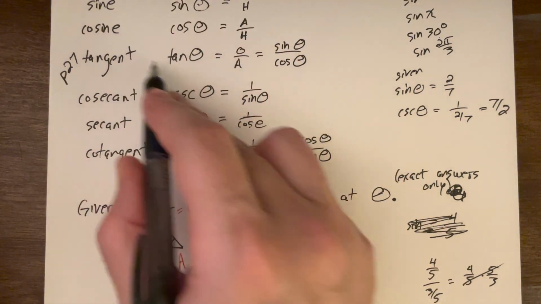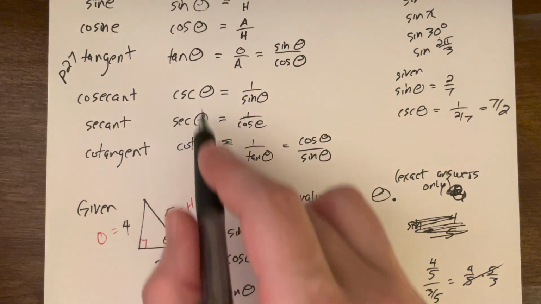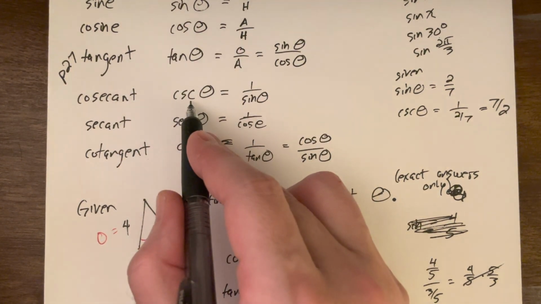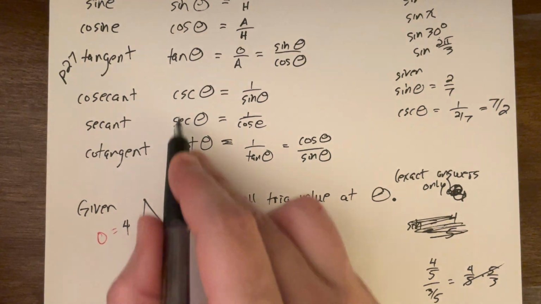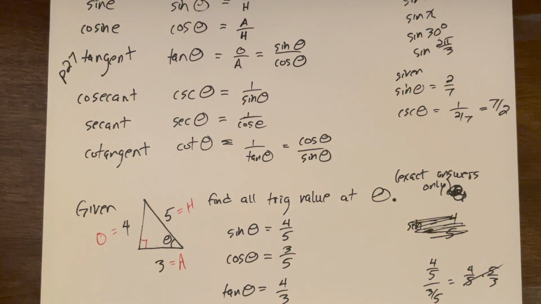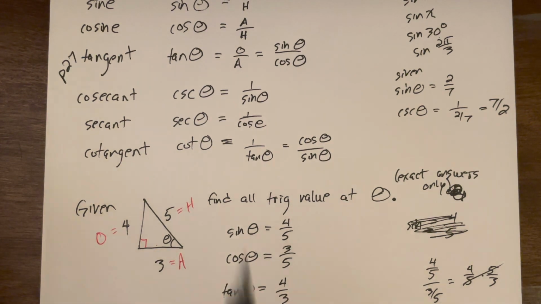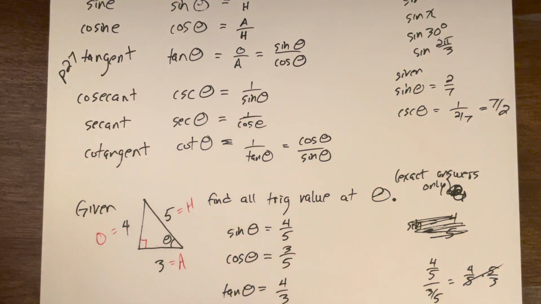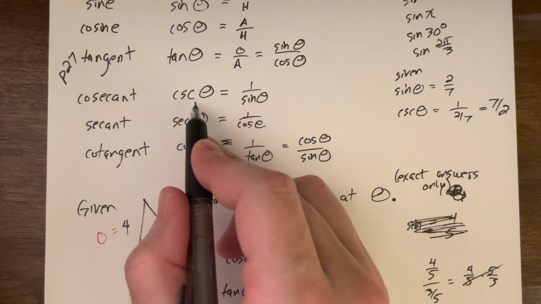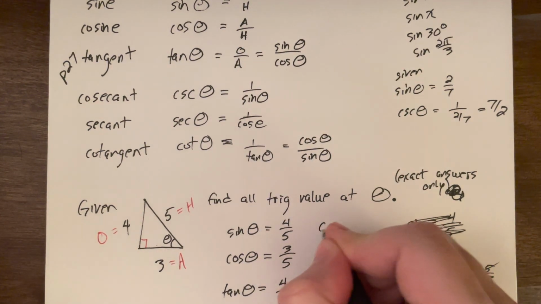Each one of the primaries has a pairing with one of the others, but a non-co goes with a co goes with a non-co goes with a co. There are little things some people use to help connect which goes with which, but sometimes, again, just being a creature of habit helps. Sine came first, now cosecant comes first, cosecant goes with sine.